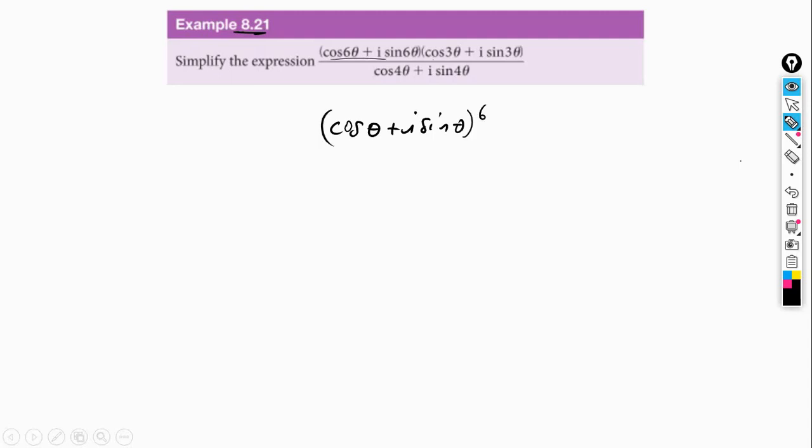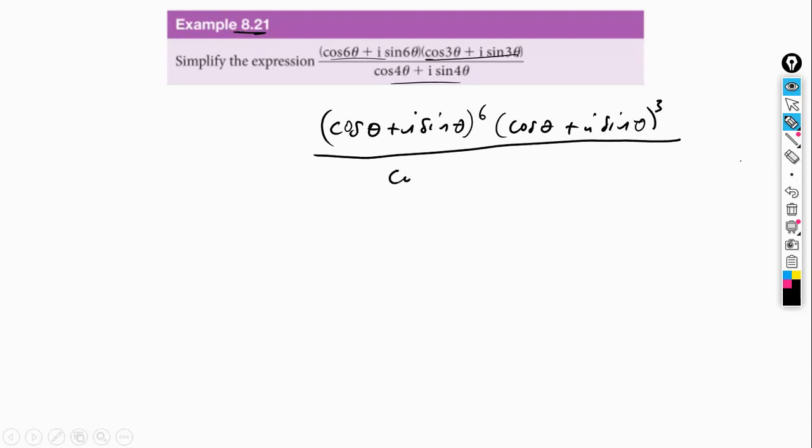And in similar fashion, we can rewrite the other parts as cosine of theta plus i sine of theta to the 3, divided by cosine of theta plus i sine of theta to the power of 4.